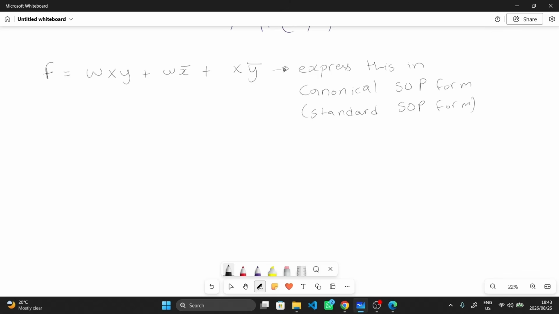So one way to do it, a bit longer way, is to do the truth table for this Boolean expression. It's a bit long, but easy to do.